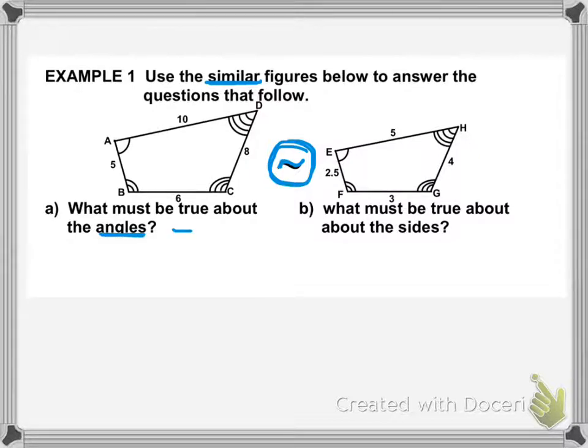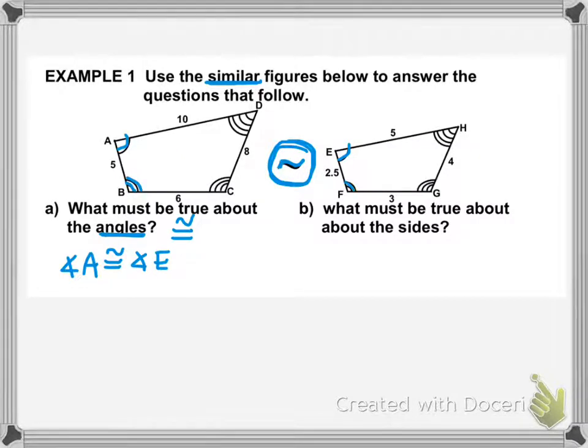The angles, remember, have to be congruent. They have to be equal. So let's look. Angle A, I can see, is congruent to angle E. So the measure of angle A is congruent to angle E. That means their measures are equal.